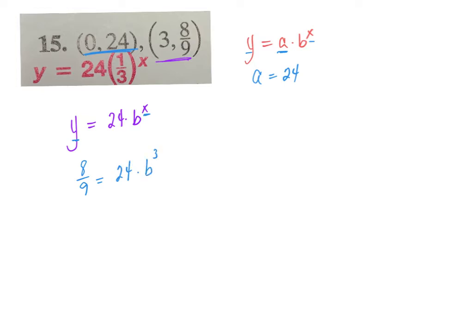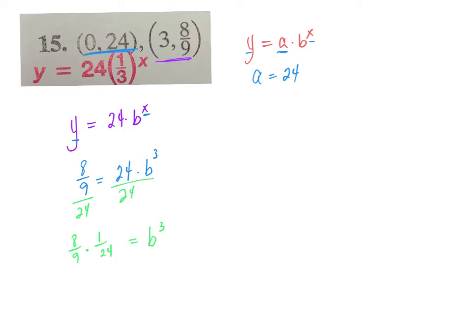All right. So how do I solve for b? Divide by 24. We want to divide by 24. And so if I divide by 24, it's 8/9 times 1/24 equals b cubed.